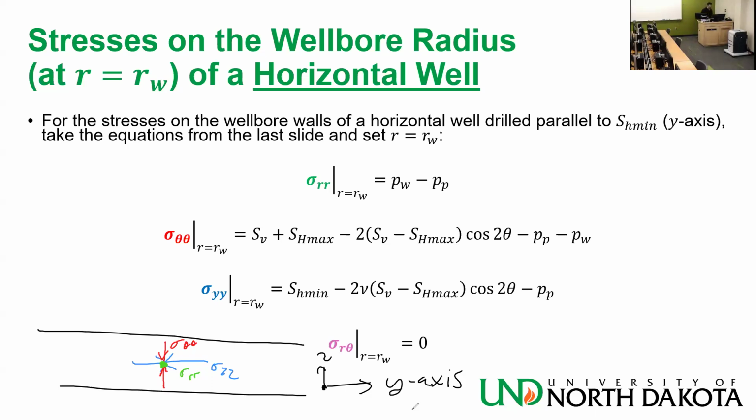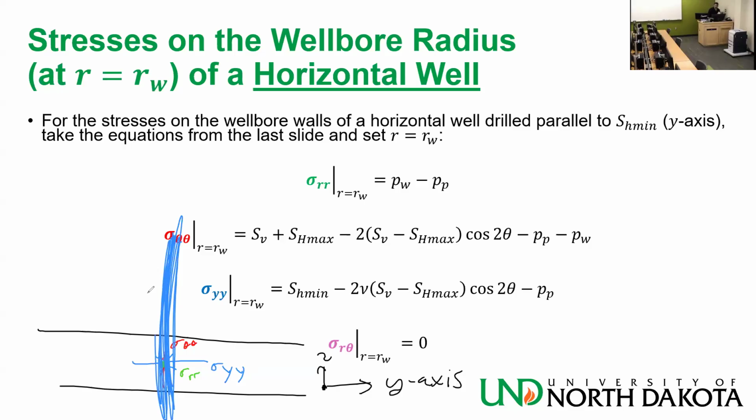What if the... I made a mistake here. Radial is sigma yy. It's a horizontal well. What if S3 was sigma yy, the axial stress? It would be a fracture like this, a transverse fracture.